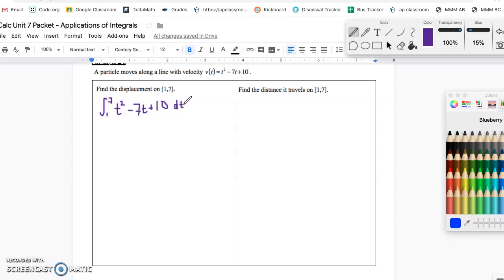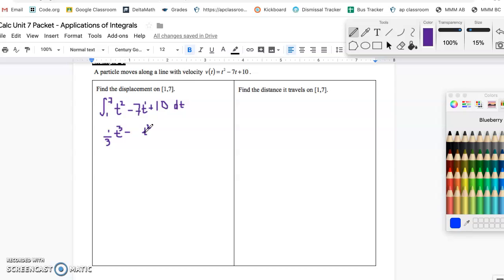So the antiderivative of this: we add 1 to our exponent and it becomes t cubed, and we divide by our new exponent, so 1 over 3. Or you could have said t cubed over 3. Minus t, there's an invisible 1 there. Add 1 to your exponent, it becomes t squared.